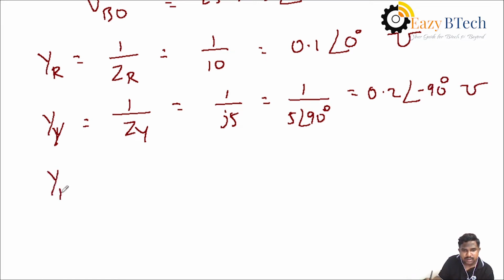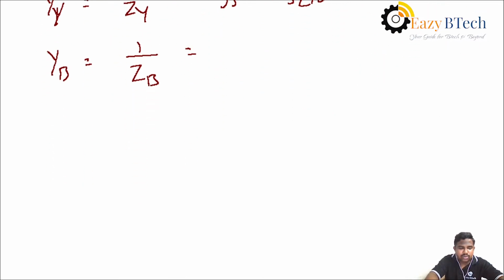Similarly, YB, the admittance of B phase. The admittance is the reciprocal of the impedance. From that formula, you have to find the admittance in each phase.